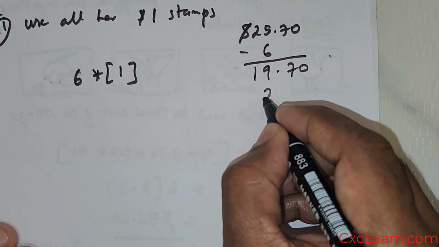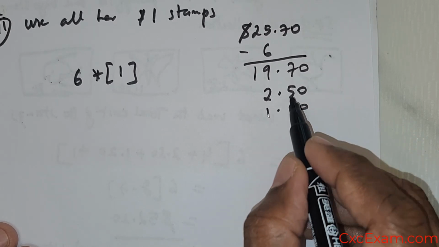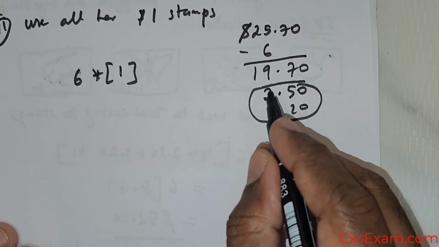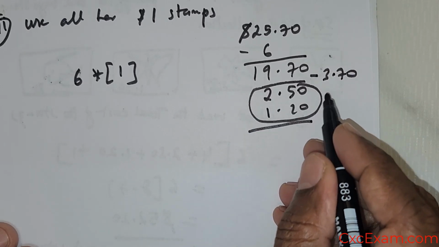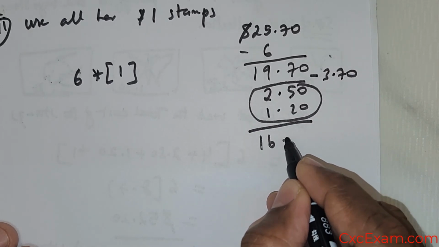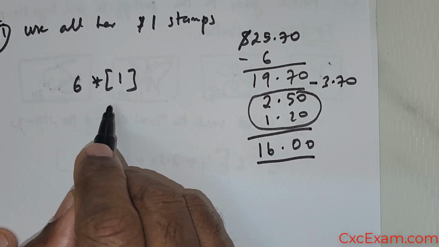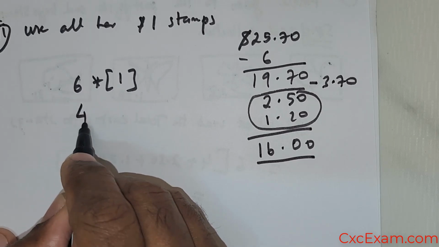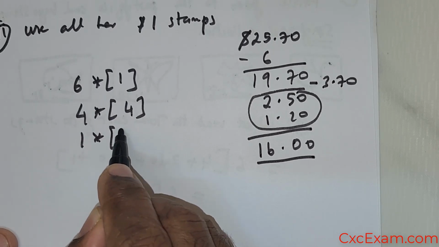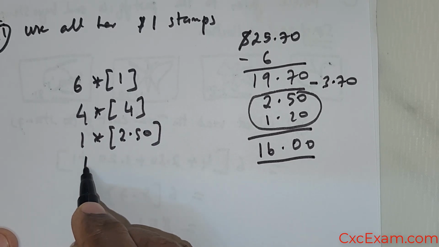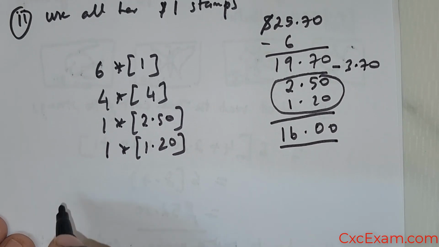So what I would do, I need to have 2.50 and 1.20. So that would mean I have to take away 3.70 from this. So if I were to take away 3.70, that would give me 16.00. Fair enough, right? So our stamps would be 6 of $1 and 4 of $4 and 1 of 2.50 and 1 of 1.20.